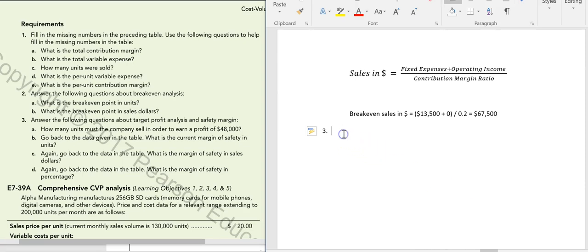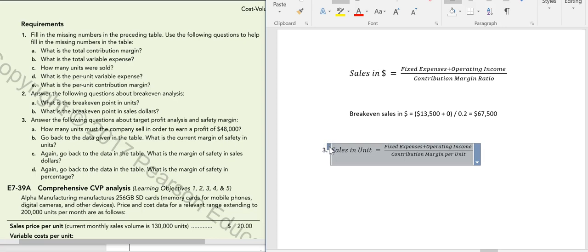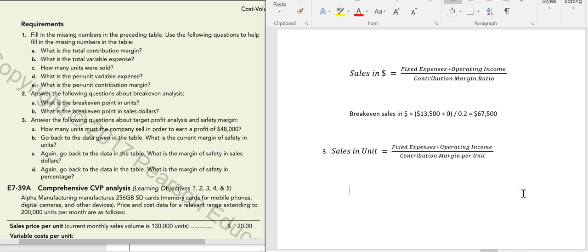It's the same as the break-even point calculations, but here for break-even we actually used $0 as our operating income, but now we have a target operating income. All right, so we will plug in that operating income.